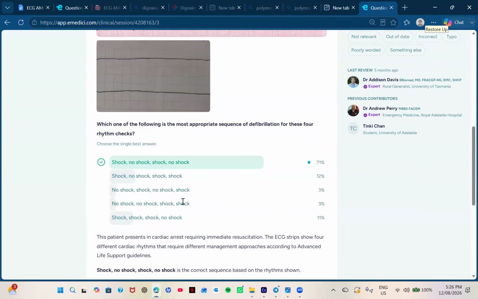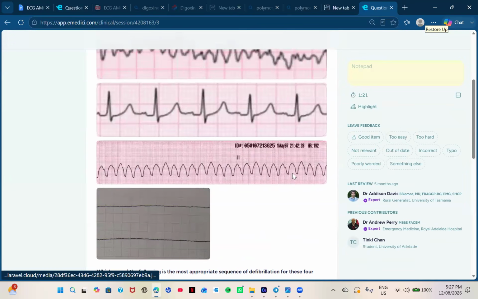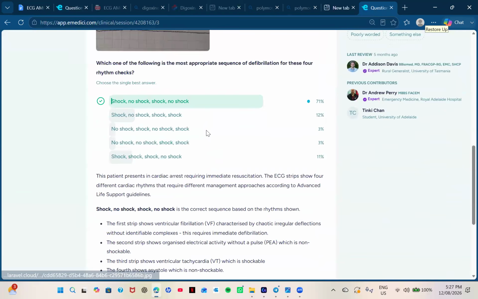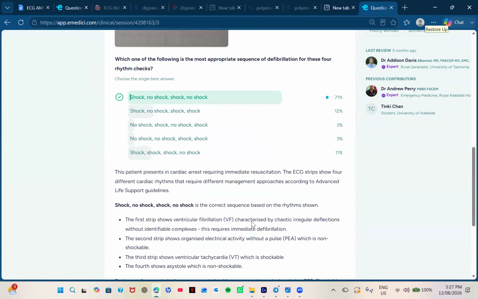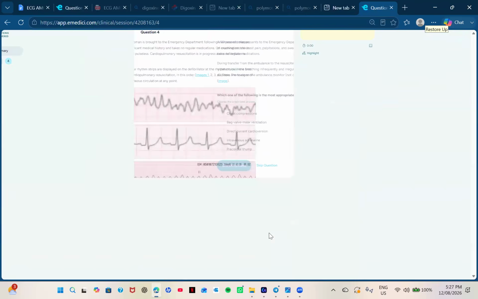No shock. The third strip shows ventricular tachycardia. VT is a shockable rhythm, so you have to give a shock. The fourth strip is asystole, which is non-shockable. Very important. I'll show one more question.